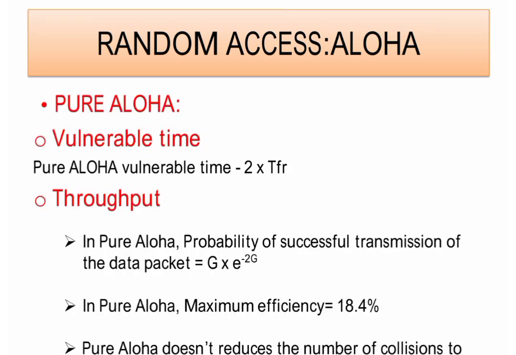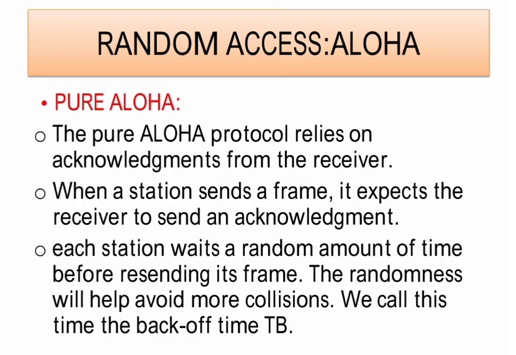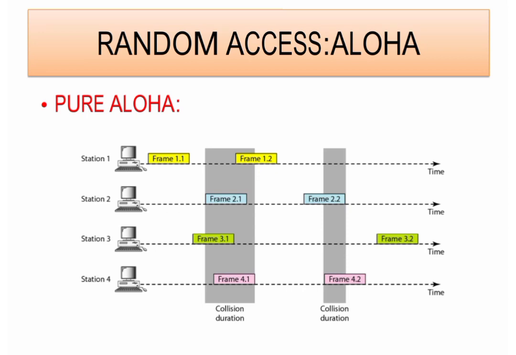So we will see the vulnerable time and throughput for the pure ALOHA. The vulnerable time of pure ALOHA is 2 times the frame transmission time. Vulnerable time means the time where there is a chance of collision between two frames. If you see the diagram here, the two frames, frame 1.2 and frame 2.1, are colliding with each other, right?